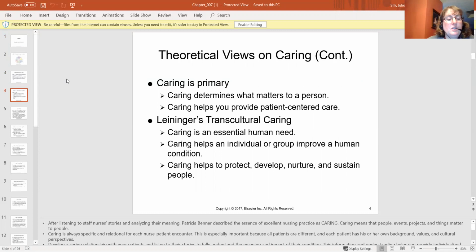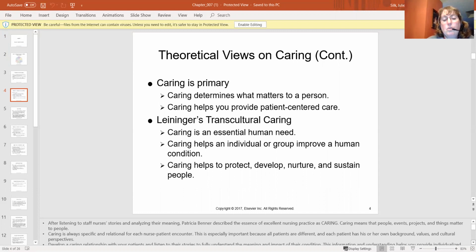After listening to staff nurses' stories and analyzing their meaning, Patricia Benner described the essence of excellent nursing practice as caring. Caring means that people, events, projects, and things matter to people. Caring is always specific and relational for each nurse-patient encounter.